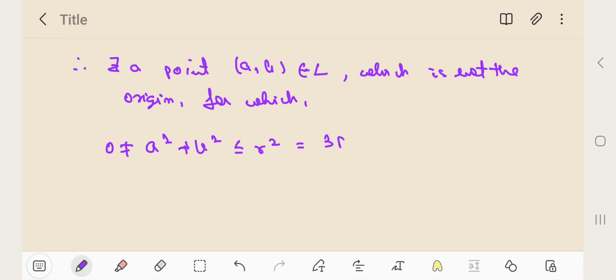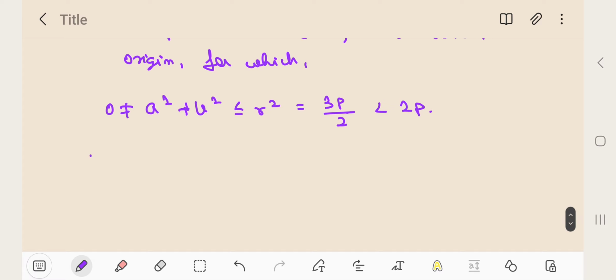But r square was chosen to be 3p by 2, which is less than 2p. So keep in mind that a square plus b square is less than 2p.